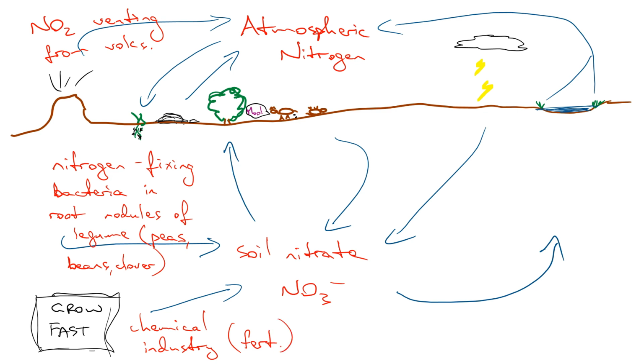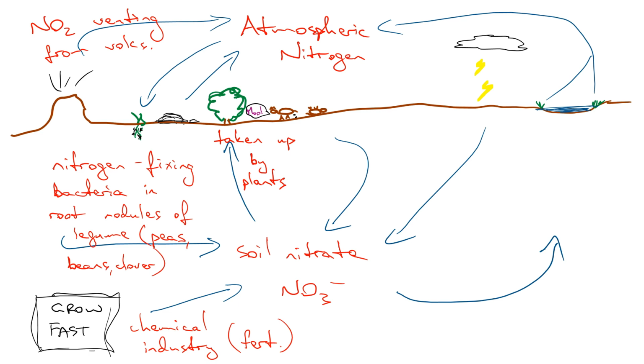So we've got soil nitrate in the ground. Great. Now plants can use that. This up arrow here, the soil nitrate, gets taken up by plants. So that's how plants get their nitrate. They can't grab the nitrogen from the air, neither can we, but they can get it by taking up the soil nitrate.